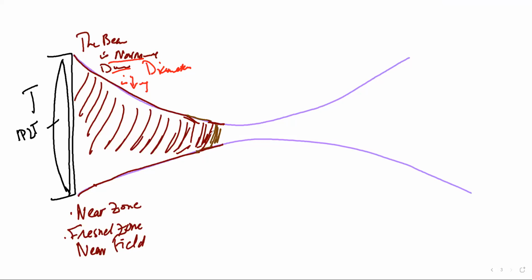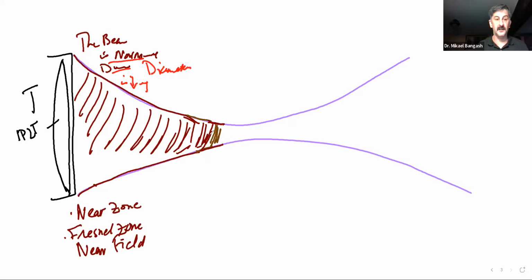And what happens in the near zone? We may just see that the beam keeps on narrowing down. What does it mean to narrow down? It means that the diameter of the beam is decreasing.